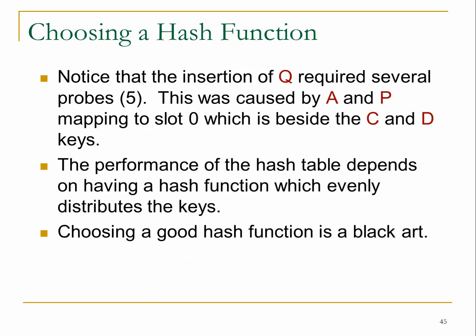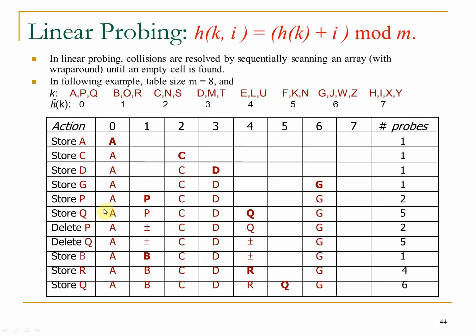So, choosing a hash function. Notice that the insertion of Q requires several probes. What it's trying to say here is this: when we start mapping into the home position, because they are consecutively occupied already, that's what we call a cluster.